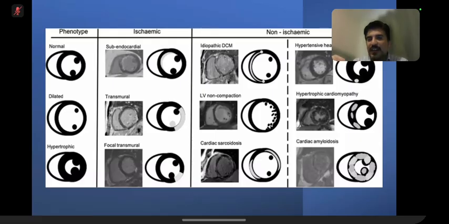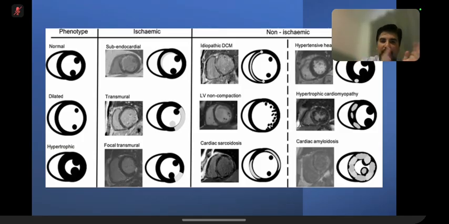A non-ischemic category will have cardiomyopathies, also systemic heart diseases, and also other diseases. So all other diseases are categorized as non-ischemic, which can be related to chemotherapy, cardiomyopathy, sarcoidosis or amyloidosis.